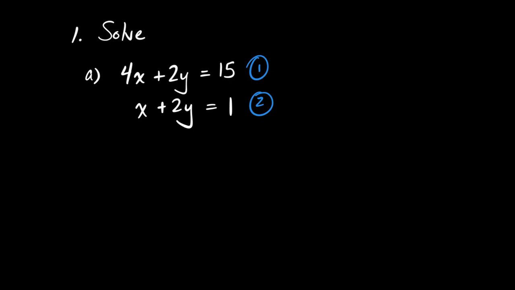As long as I add those two equations together, and I do it correctly, then my outcome is true. But I don't have to add them. I could subtract them, multiply them, or divide them. Any operation I do between those two equations, as long as I do it correctly, my outcome is also true. And that's the theory behind elimination.